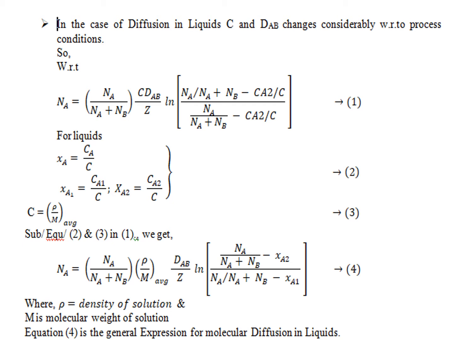Are you clear? So, this is the fourth expression, where rho is the density of solution and capital M is the molecular weight of solution. The fourth expression is the general expression for molecular diffusion in liquids.